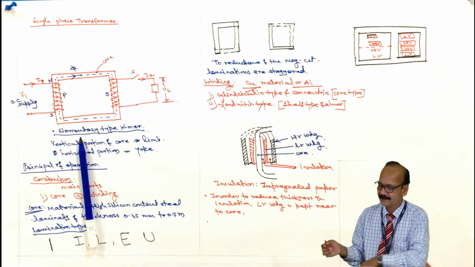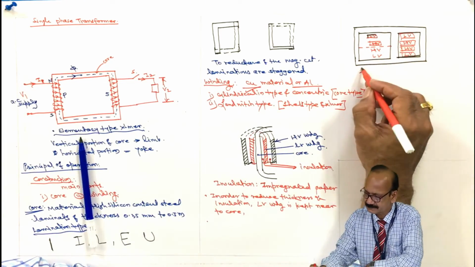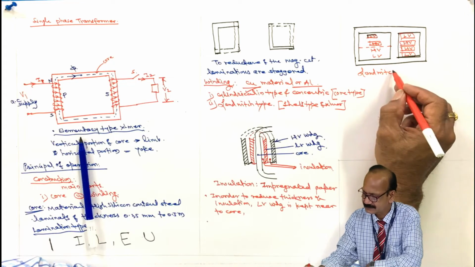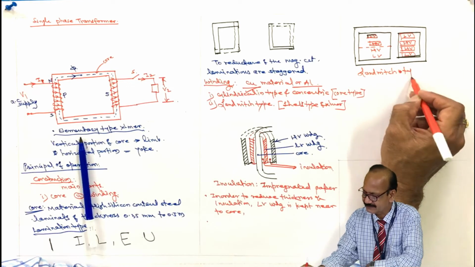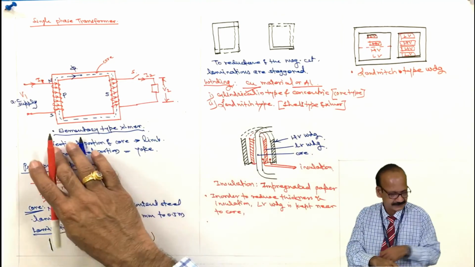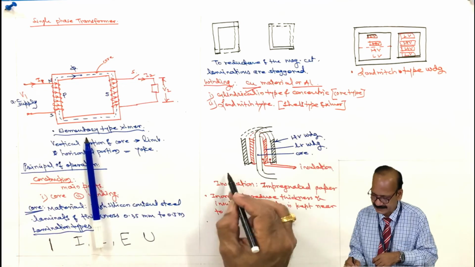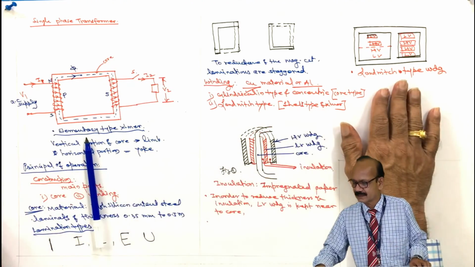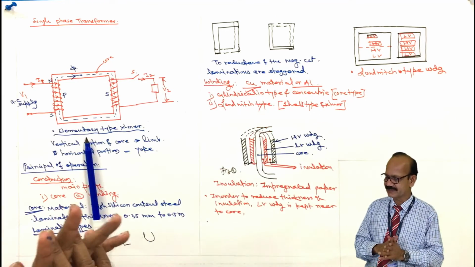So here, sandwich type winding, and this one is cylindrical. Okay, we have already considered. Now this is used for the shell type of the transformer.